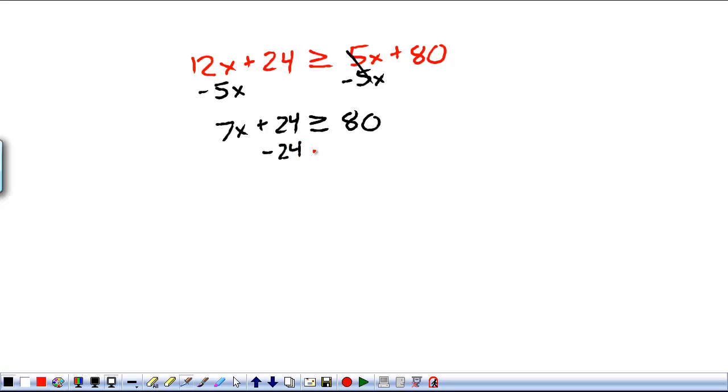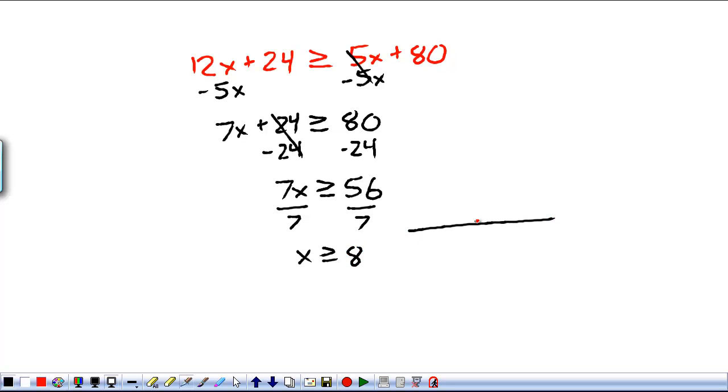Now minus 24 from both sides. Those cancel out and we're left with 7x greater than or equal to 56. Divide both sides by 7 and get x is greater than or equal to 8.